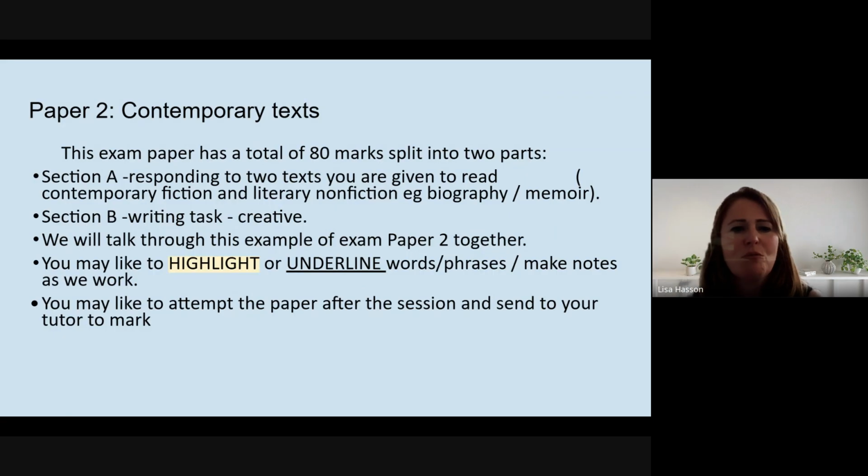Section A is again responding to 2 texts, but this time you're given contemporary fiction and literary non-fiction to read. That includes things like biographies and memoir extracts, alongside extracts of novels and short stories. Section B is your writing task, which is creative.